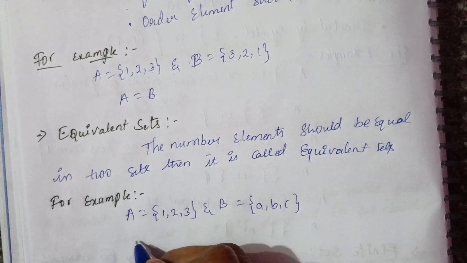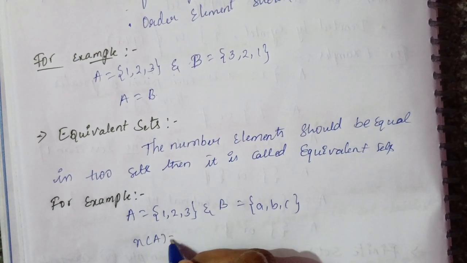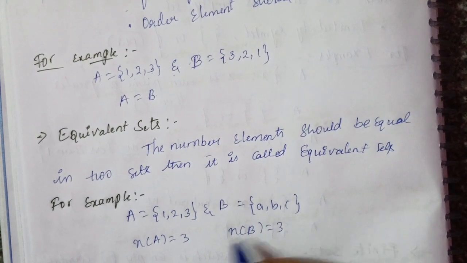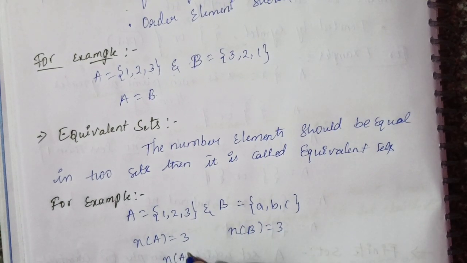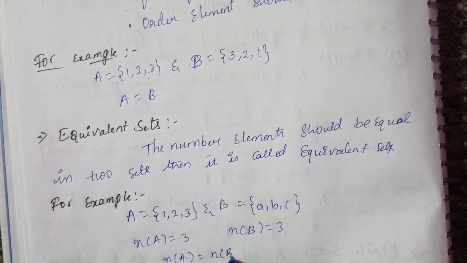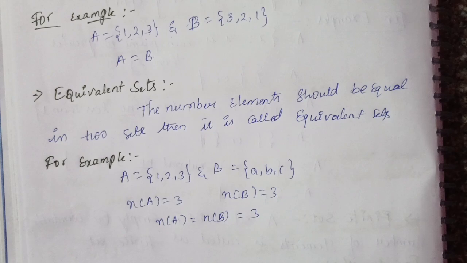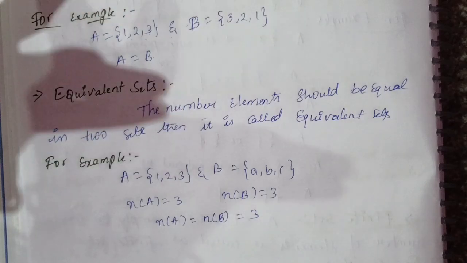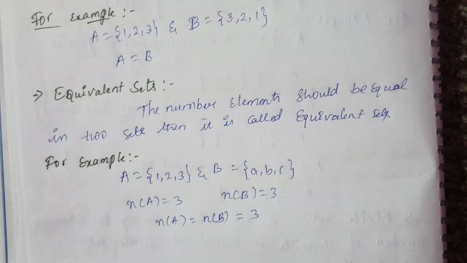See, number of elements in A, how many elements are there? 3. Number of elements in B, how many are there? 3. If the number of elements of A is equal to the number of elements of B, then we call these equivalent sets. Equal sets means the elements also should be equal and the number of elements should be equal. Equivalent set means the number of elements should be equal.